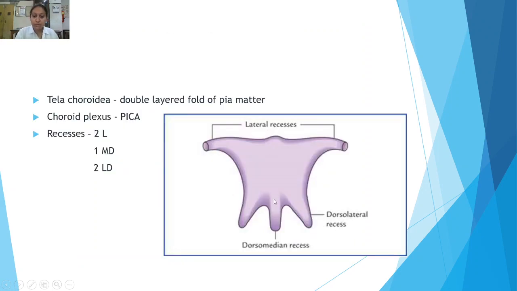Then one midline recess extends dorsally, cranial to the nodule. The lateral recesses are in between the inferior cerebellar peduncle and the flocculus. Here the flocculus is situated, and here the nodule is situated.